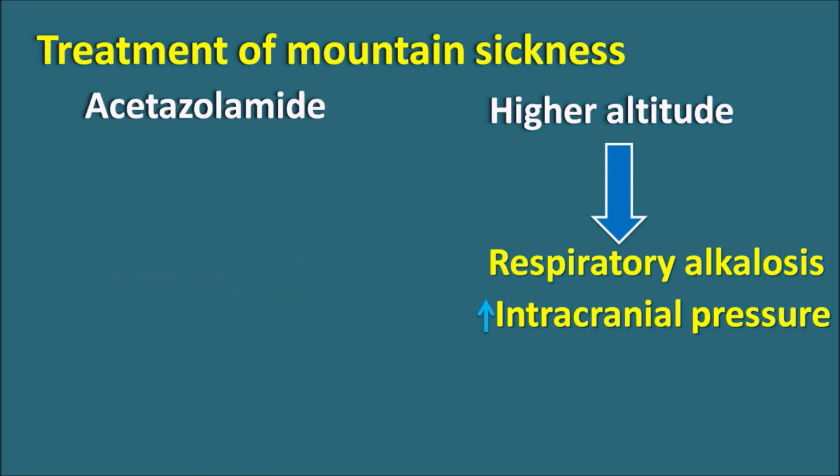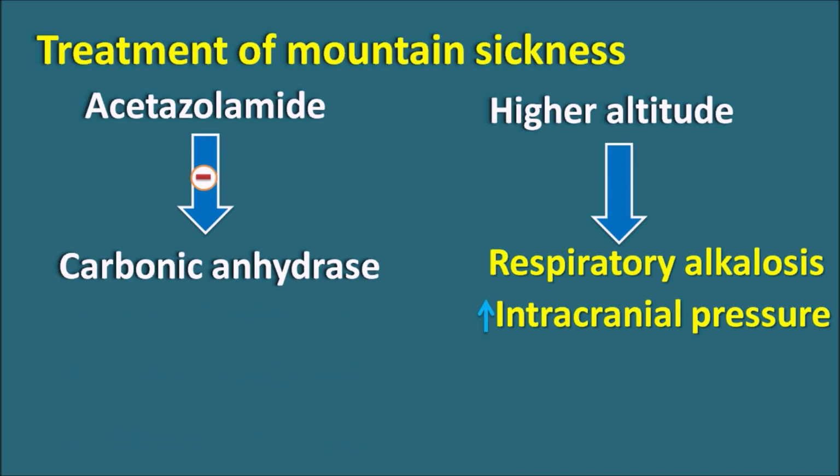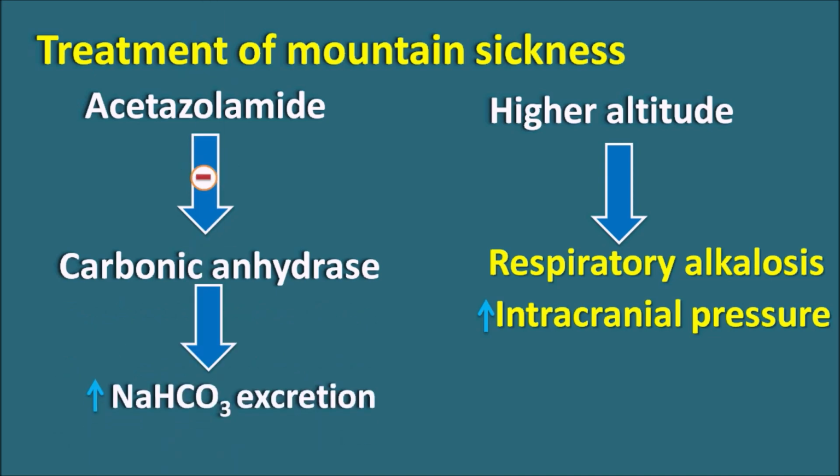Now acetazolamide can inhibit the carbonic anhydrase enzyme, thereby increasing sodium bicarbonate excretion. This results in the excretion of the bicarbonate, which is normally producing the respiratory alkalosis during mountain sickness. And as carbonic anhydrase is inhibited, this also results in decreased cerebrospinal fluid formation. So both of these actions can reduce the respiratory alkalosis and decrease the intracranial pressure.